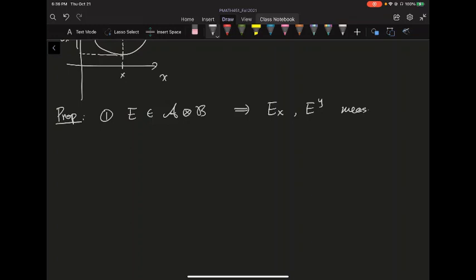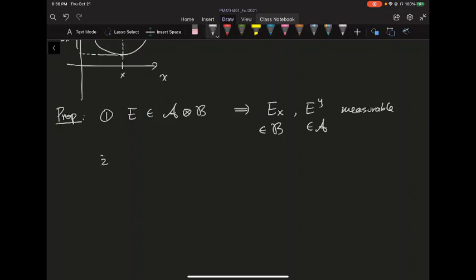E_x is a subset of Y, so this is really a measurable set inside B, and E^y is a subset of X, so this is inside A. By measurable, I mean they're measurable in their corresponding measure space.